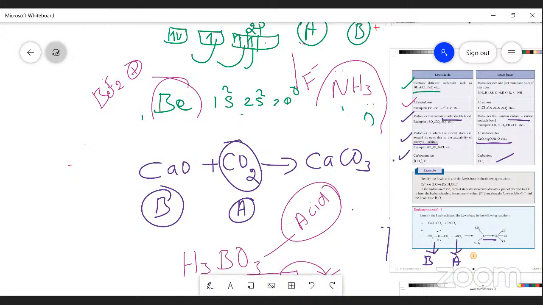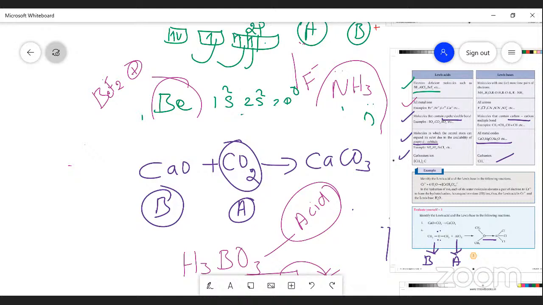Likewise, the Bronsted-Lowry protonic concept: the one that donates a proton is an acid, and the one that accepts a proton is a base. From that, we learned conjugate acid-base pairs. And then the Lewis electronic concept: the substance which accepts electrons is an acid, and the one which donates electrons is a base. These three things we have seen today: Arrhenius, Bronsted-Lowry and Lewis concepts.